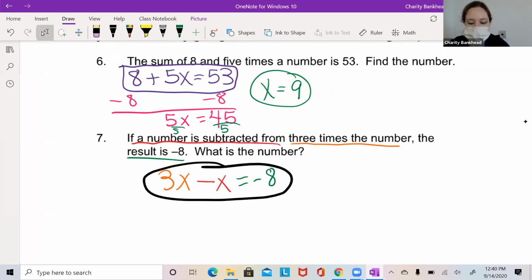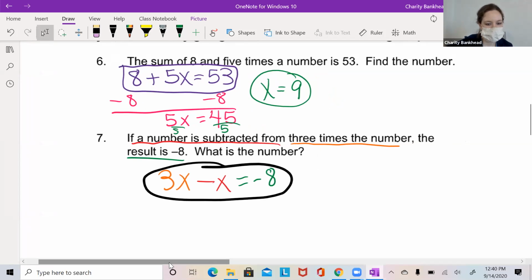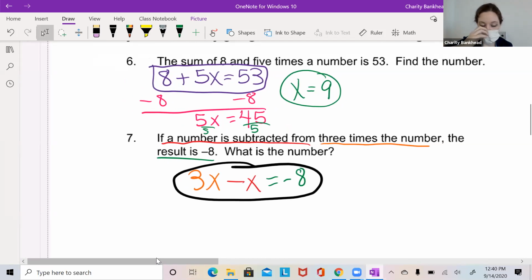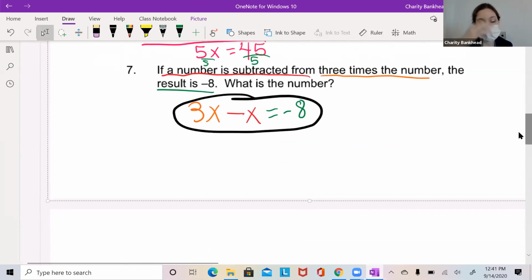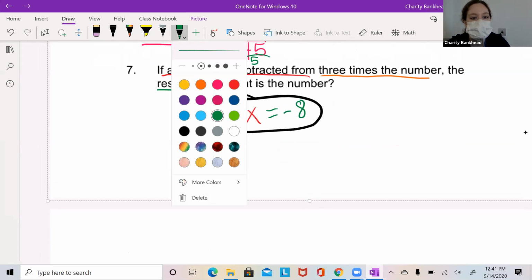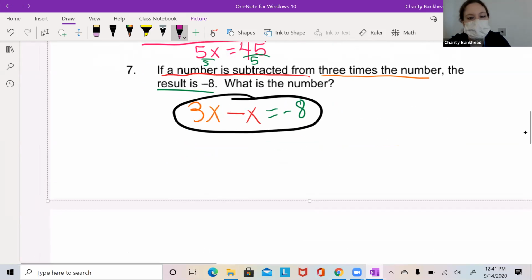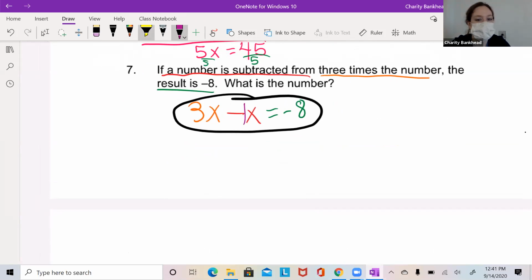And then we would solve that. All right, so 3x minus x. There's an invisible 1 in front of that x. So 3x minus 1x would equal 2x.